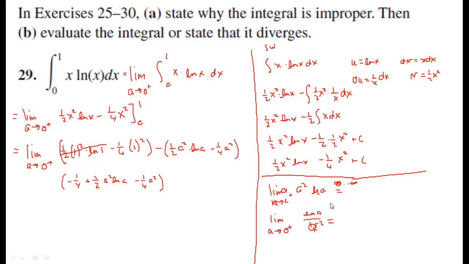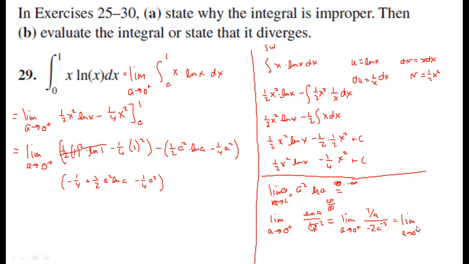Now this is L'Hopitalable in the form infinity over infinity. I can use L'Hopital's rule then to get that this is 1 over a divided by negative 2a to the negative 3. Now, ugly algebra, but we should be able to handle this.